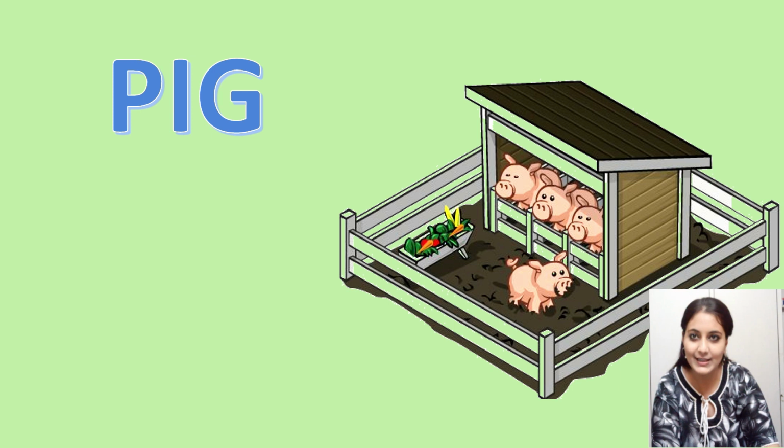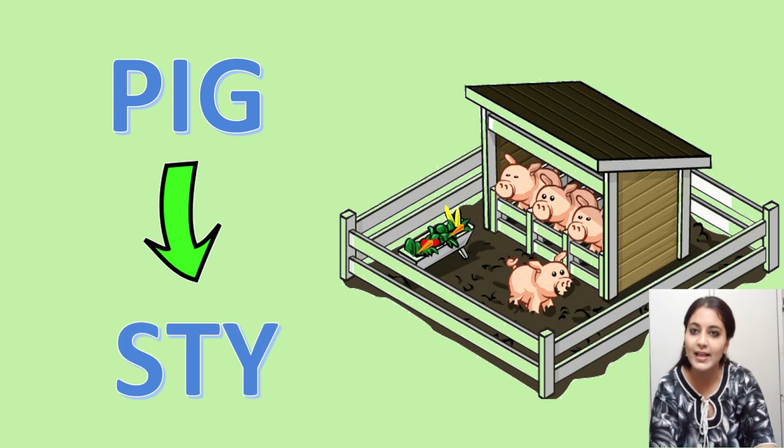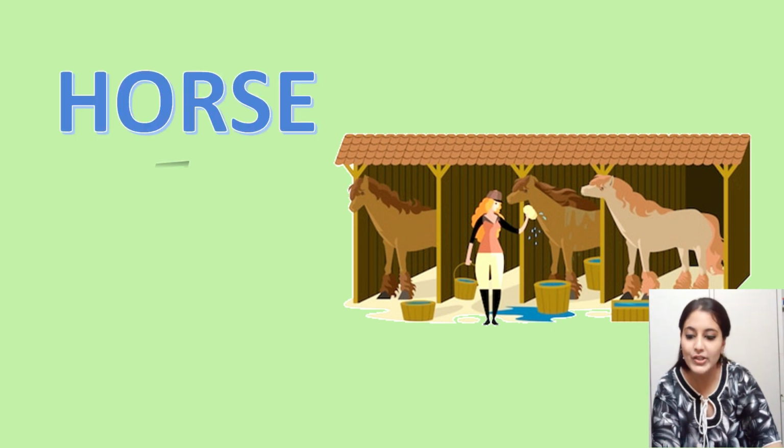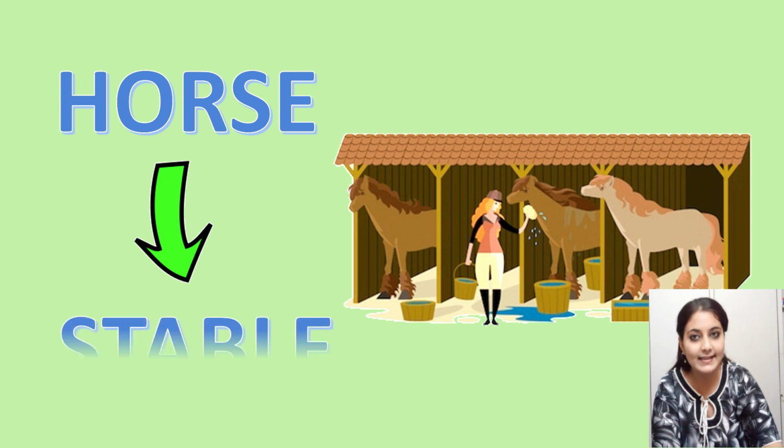The house of these pigs in English is known as a sty. So here come the fast running horses, and they live happily in their house, which in English is known as a stable. The house of a horse is known as a stable.